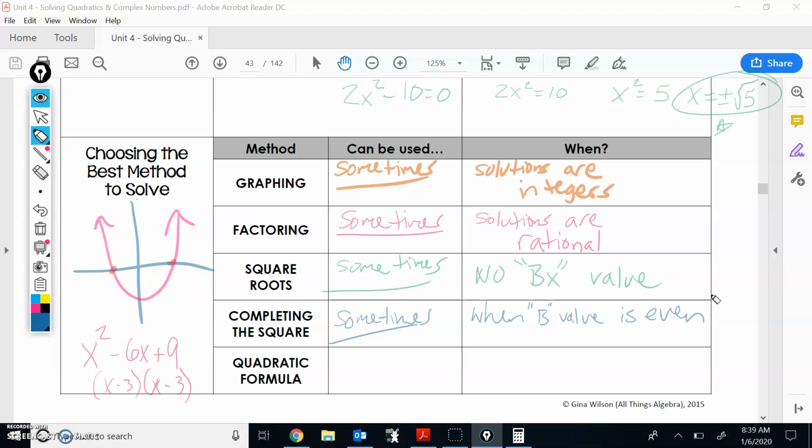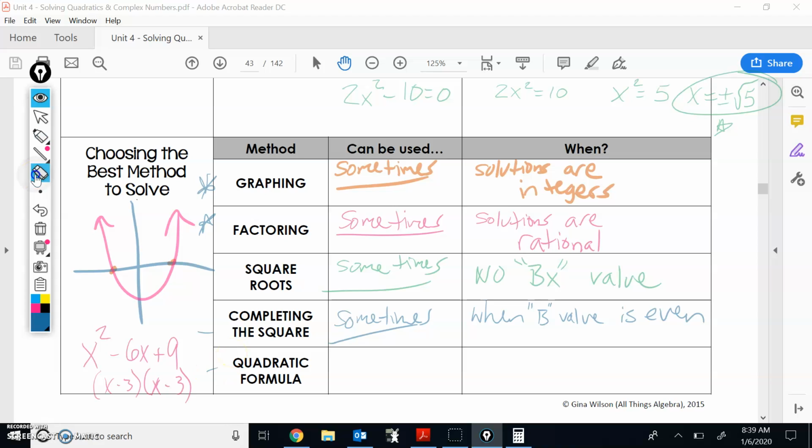And if it's odd, taking half of it, you're going to get a fraction. It's just a headache to do that. So complete the square when b is even. And I would probably look to graph or factor first before I get to completing the square.